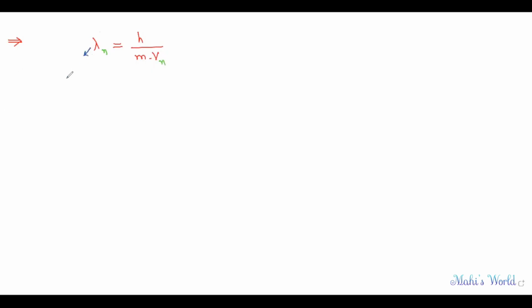This is nothing but wavelength of electron in nth orbit. You can take any orbit, of course. Now this is the velocity of electron in again the same nth orbit.